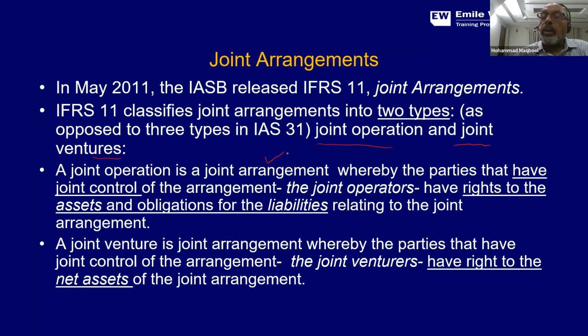Joint operation is where the investor party, which has joint participation, has rights to the assets and obligations for the liabilities of the other entity. But in a joint venture, the investor has the right to the net assets of the joint arrangement, not the assets and obligations for the liabilities. That's the basic distinction we'll keep.